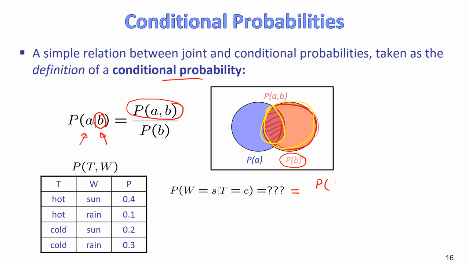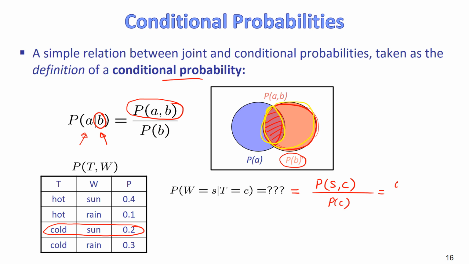So the probability of S and C, that's the joint probability of S and C, divided by the probability of the evidence, which is C. Now, what is the probability of S and C? That's the joint probability, right? So we can look it up from the table directly. It will be just one row here. So sun and cold, this is the row corresponding to that joint event.